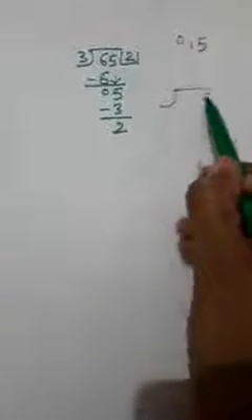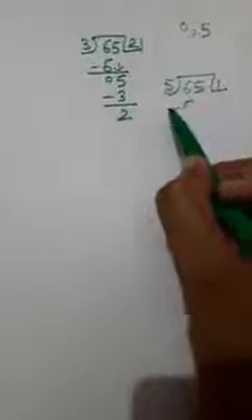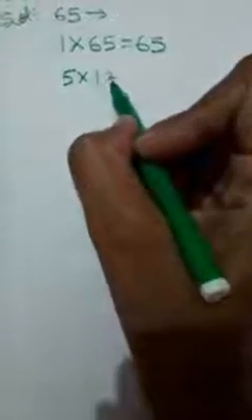So if we divide it by 5, we have to see which number we are getting. 5 ones are 5. 5 threes are 15. So we are getting 13. So we can write 5 multiplied by 13 equals 65. Two more factors we have got of 65.